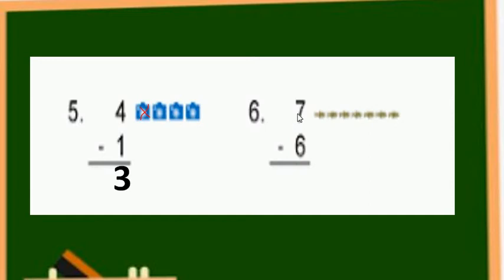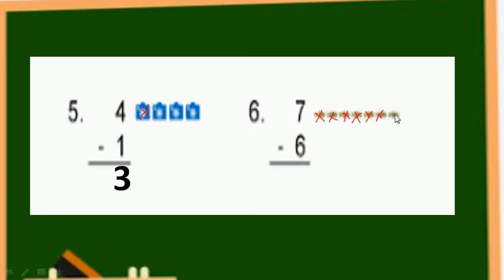Next is 7 minus 6. What does it mean? I have to cross out 6 objects out of given 7. Let's do it. Start counting with me, my dear. 1, 2, 3, 4, 5, 6.